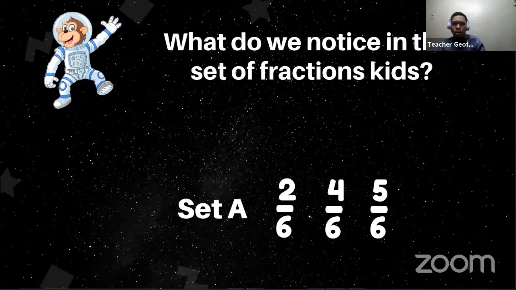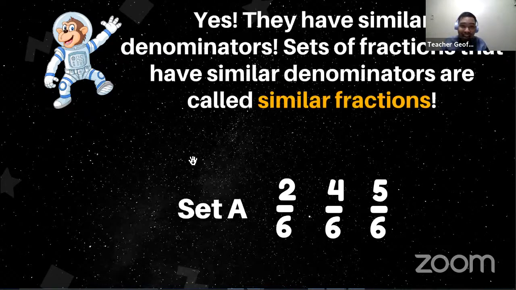Call this kind of fraction. This kind of fraction can be commonly called by its really easy name, and it will just be called as similar fractions. Okay? As Maria Leia mentioned, they have similar denominators.